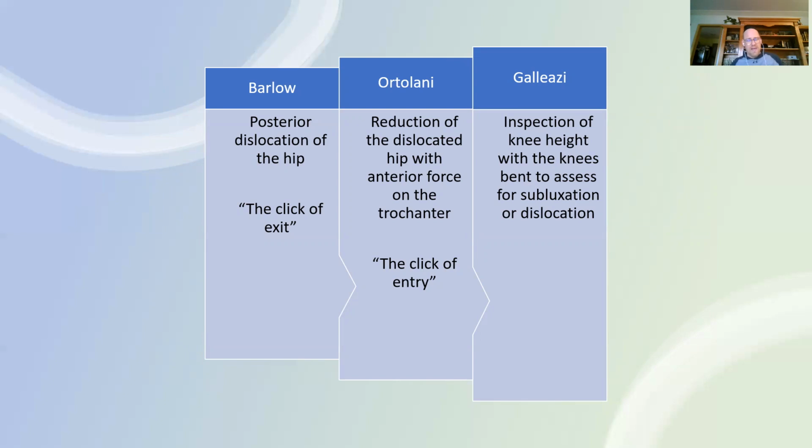And then the Ortolani exam, when he abducted the hip and attempted to lift the trochanter anteriorly to get the hip back in. And one thing that you noticed here is that those maneuvers are not painful for the baby because, remember, we still have a very flexible triradiate cartilage and a very flexible femoral head. It is not ossified.